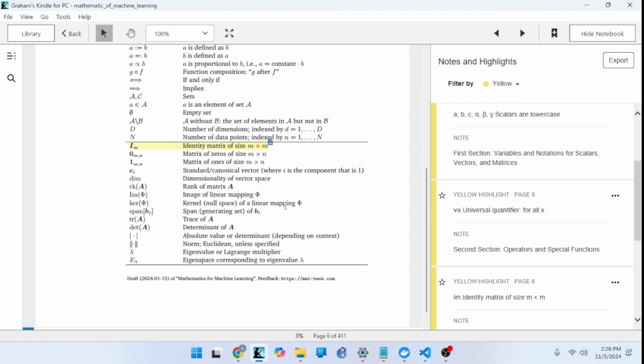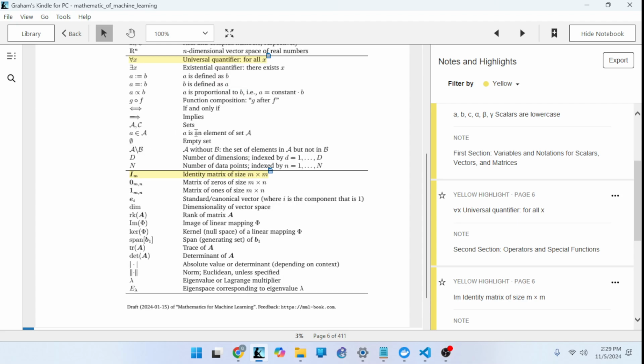It stands for an eigenvalue or a Lagrange multiplier. So it's a multiplication symbol, but it's a particular kind of multiplication. It's Lagrange multiplication, or it's an eigenvalue, whatever that means. I do not know. And then A is an element of set A. So that's what this symbol here means.